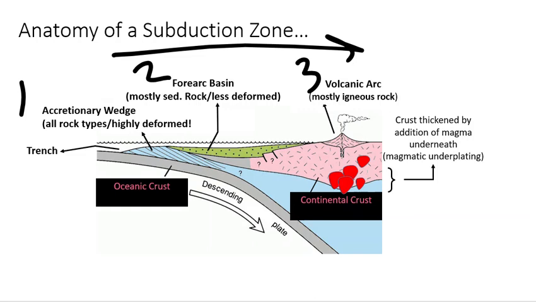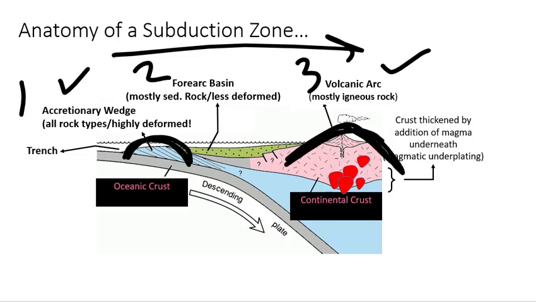So the thing about both the accretionary wedge and the volcanic arc is that these tend to be topographically high areas. When enough time goes by, the accretionary wedge can actually be pushed up above sea level a little bit to form a sort of offshore island. And the volcanic arc is obviously an area of continental mountain building already.